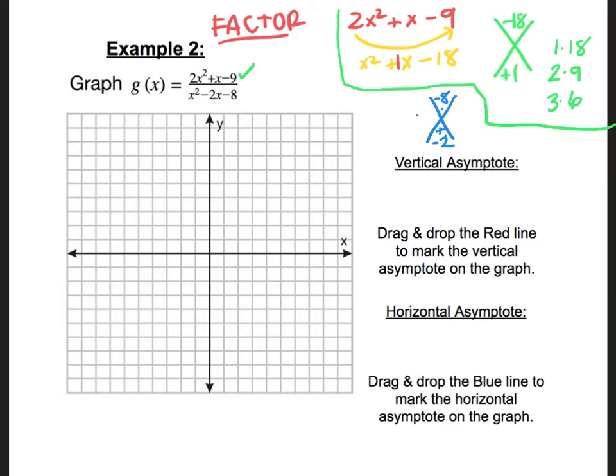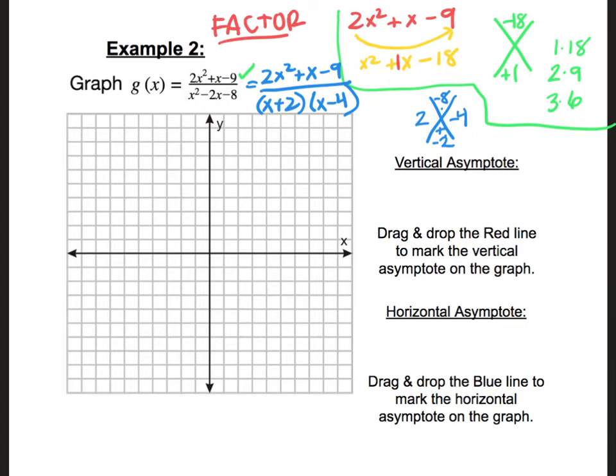I know 2 times 4 gives me 8. And then if I want to get a negative 2, you have to do 2 and negative 4. So if I rewrite my fraction, we still have 2x squared plus x minus 9 on the top, and then we have divided by (x plus 2)(x minus 4).